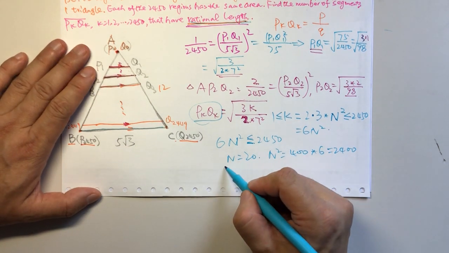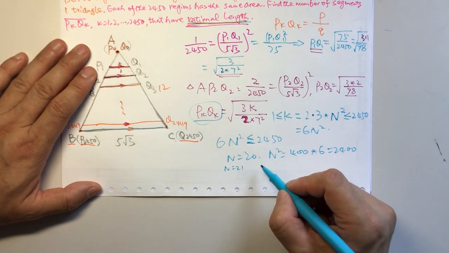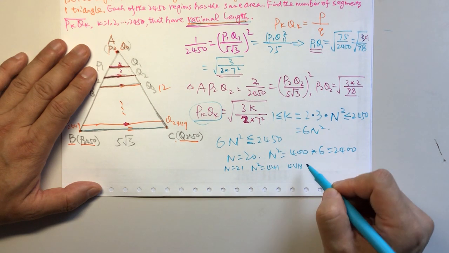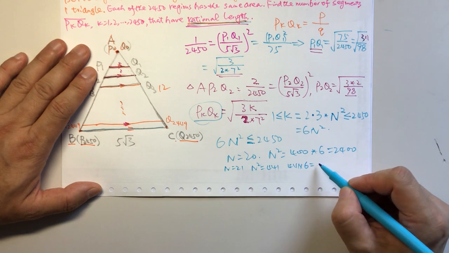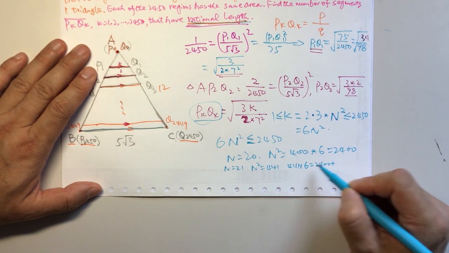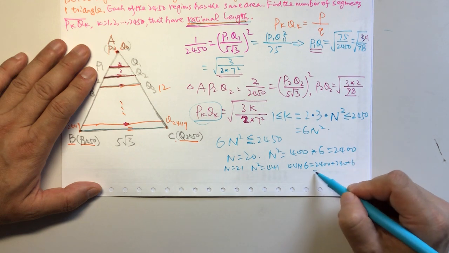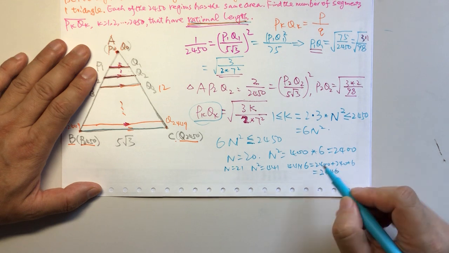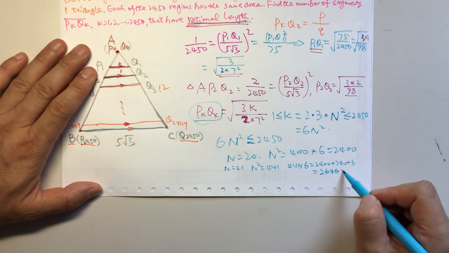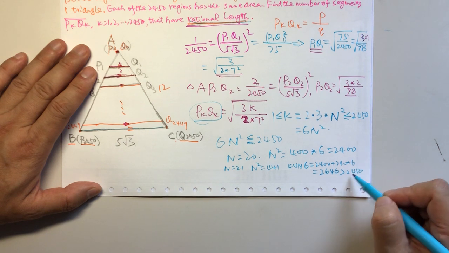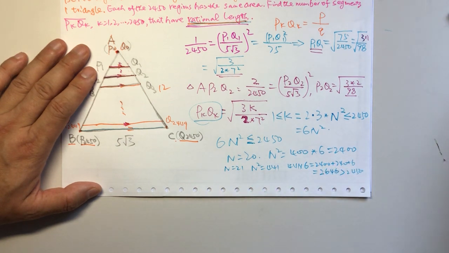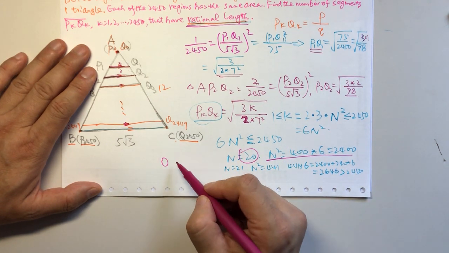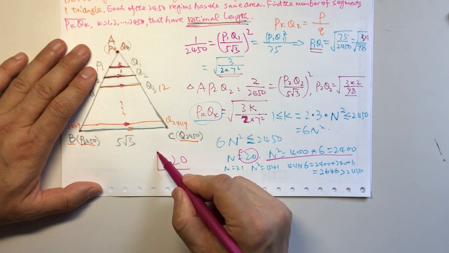If n is 21, n squared is 441, and 441 times 6 is 2400 plus 240 plus 6, which is 2646, greater than 2450, so we don't need 21. So n is 20, and the final answer is 20.